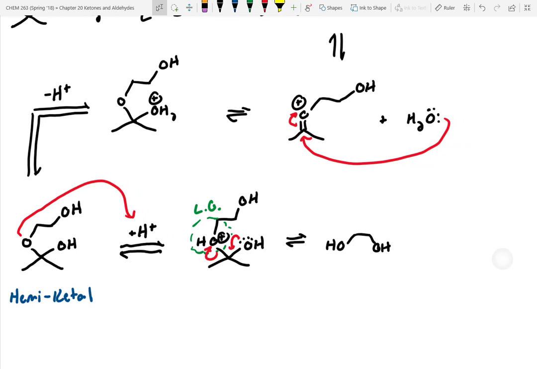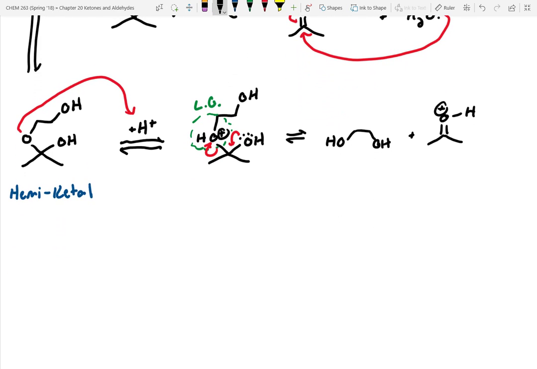And then our second product that we have looks like a protonated ketone at this point, which means in our last step, we can simply deprotonate that ketone and be left with our ethylene glycol plus acetone. Makes sense? Seems steppy. What I like to do is then do this in reverse.